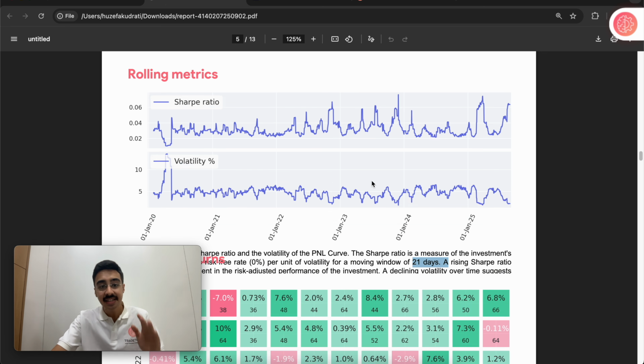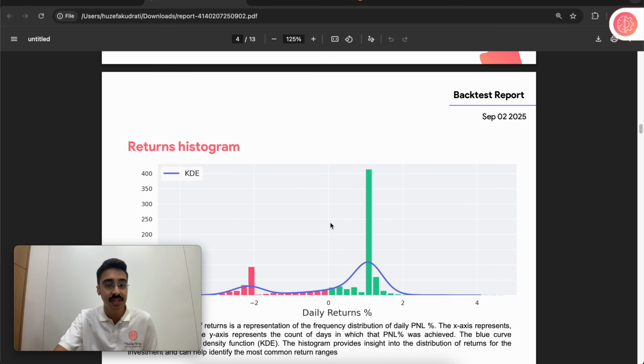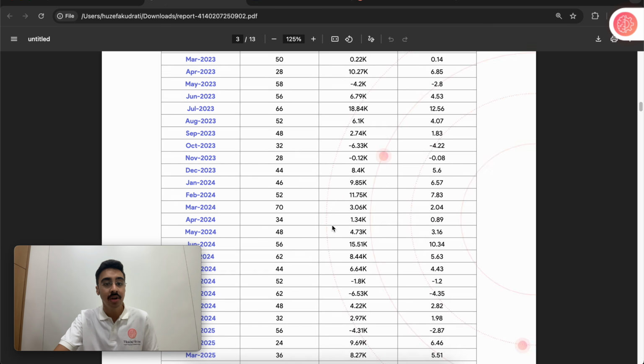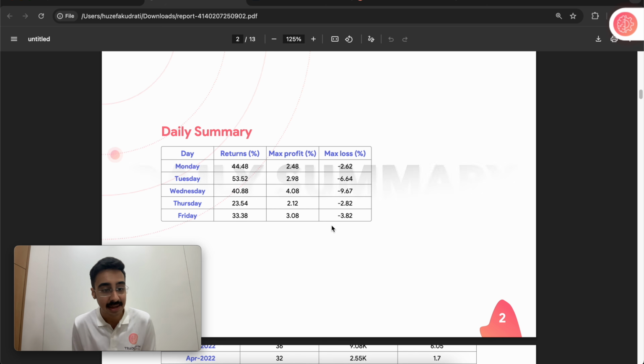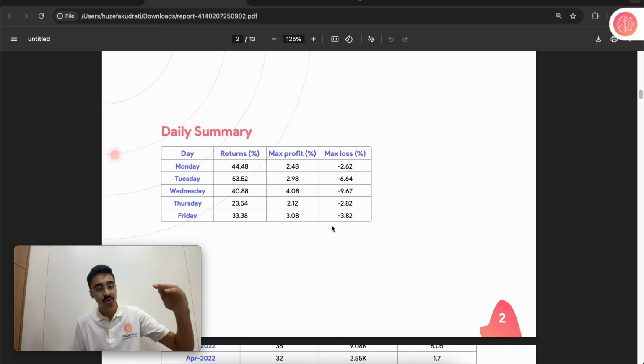Finally, the last important thing that you would want to see in your particular strategy would basically be the daily summaries, right? Now, what is this doing? This is basically looking at the entire overall data set, and from this data set, it is able to figure out which day was a Monday, which day was a Tuesday, Wednesday, and so on.